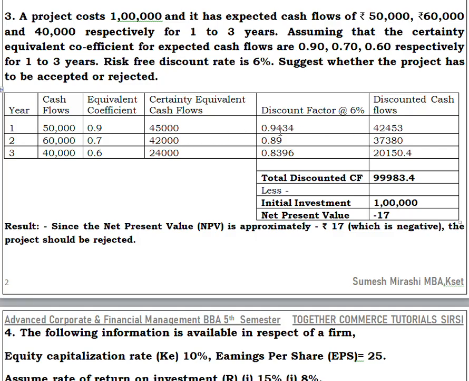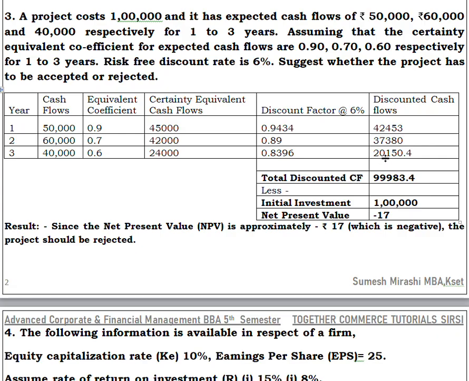When you multiply these two columns, you will get this. So 45,000 into 0.9434 gets you 42,453. 42,000 into 0.89 gets you 37,380. 24,000 into 0.8396 gets you 20,150.4. Then once this table is prepared, you have to add the last column, that is the discounted cash flow.